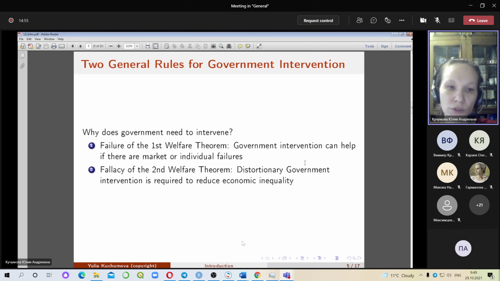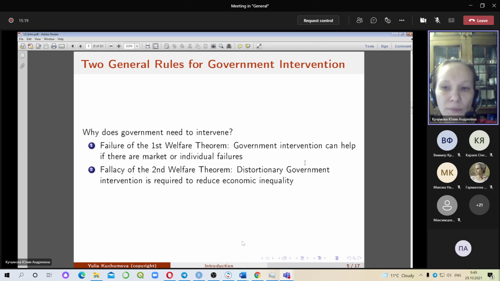The first reason arises from the failure of the first welfare theorem. It is that government intervention can help if there are market or individual failures. We will talk about that more. The second reason is the failure of the second welfare theorem.